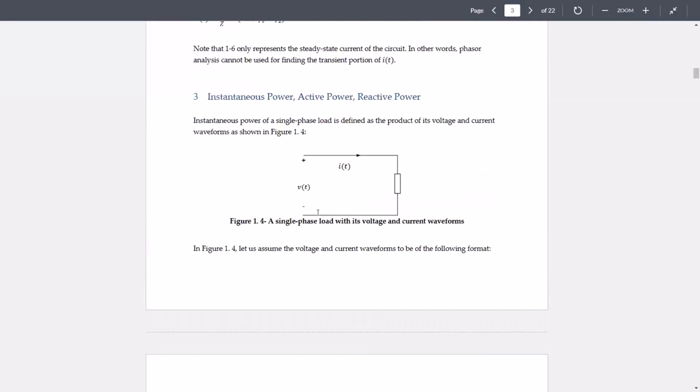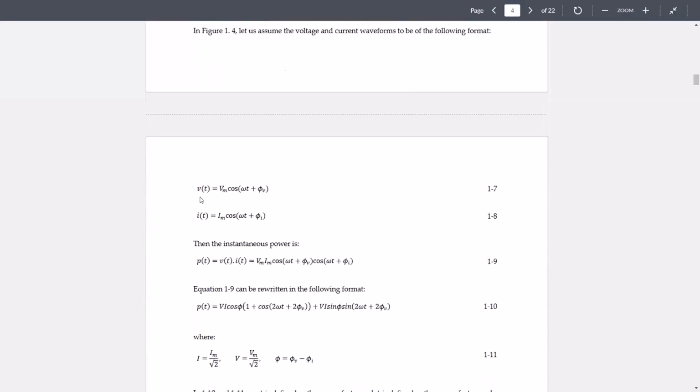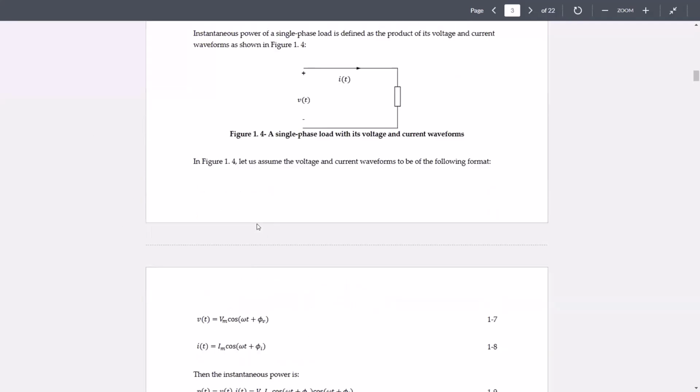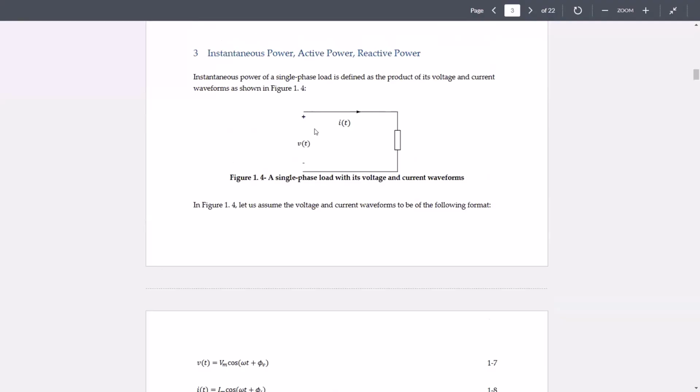And if your network is a sinusoidal network, we know that the voltage and current would be of sinusoidal forms. So the instantaneous power would be just the product of these two sinusoidal voltages and currents, right? So this would be your instantaneous power. Keep in mind that the definition of instantaneous power is quite general, so it would be associated with any network, with any type of voltage sources and current sources.